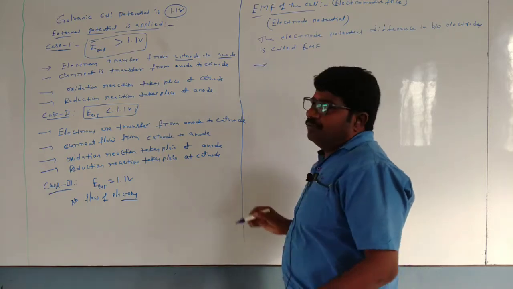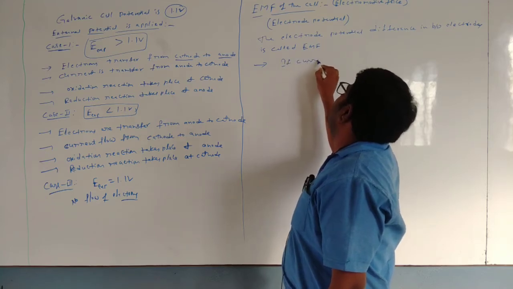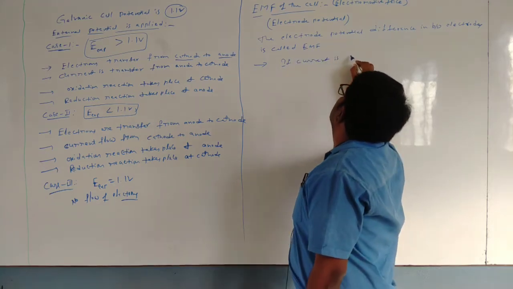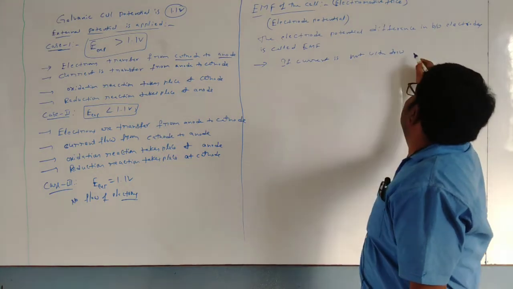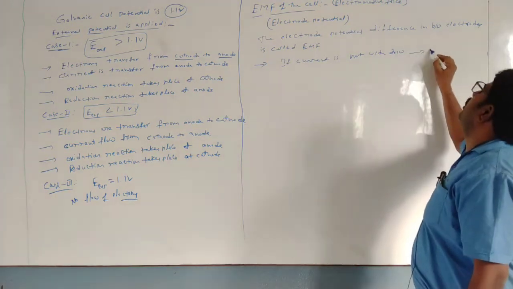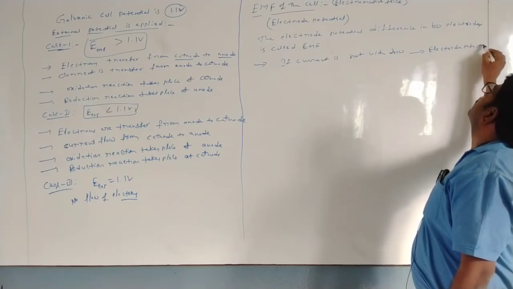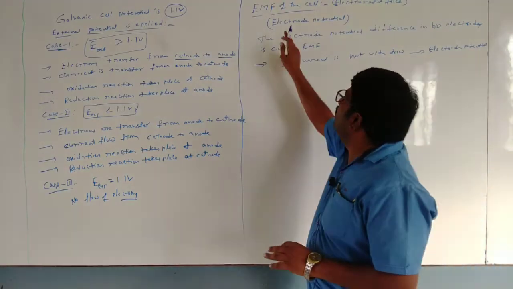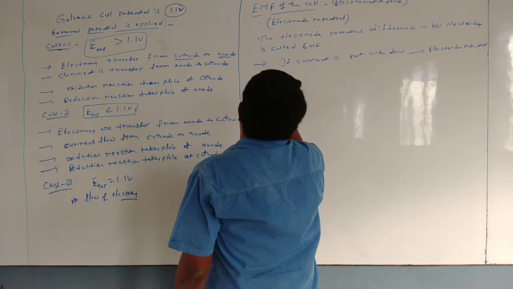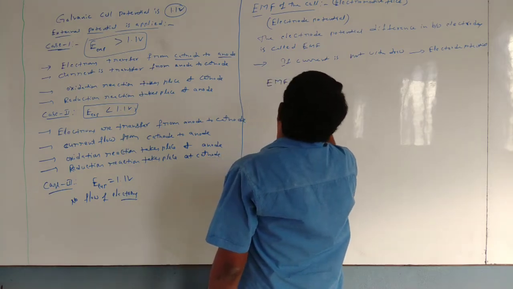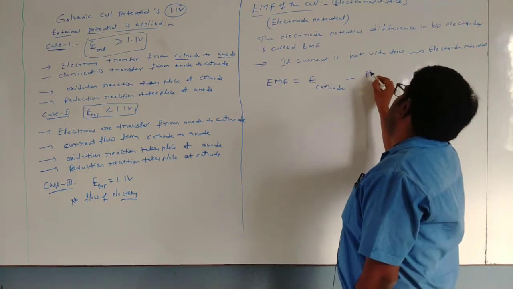If current is not withdrawn, that is called electrode potential. So EMF of the cell, electromotive force, is equal to E cathode minus E anode.